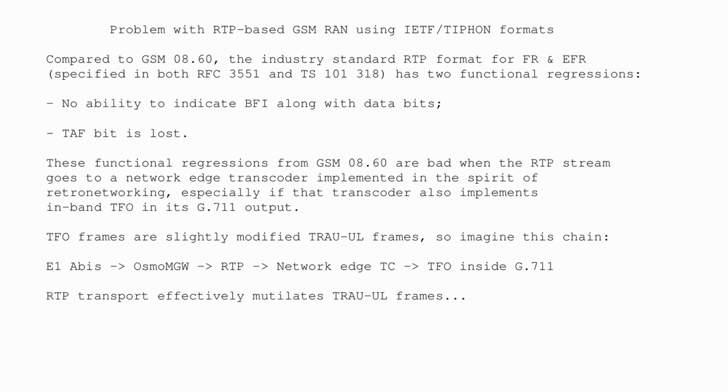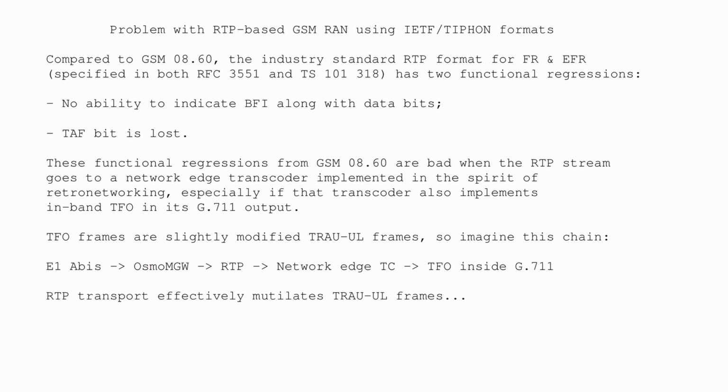And so having a transport format artificially block the ability to pass the bad frame bits along with BFI is just bad. And then, of course, losing the TAF bit, which is based on the frame number. In a BTS like Osmo BTS, to derive a TAF bit, you just look at the frame number. Whereas in this flow from E1 ABIS to Osmo MGW, you'll be looking at the TAF bit that comes from the E1 ABIS.